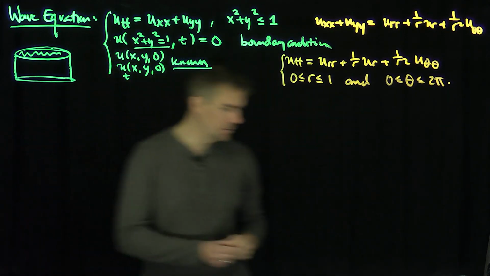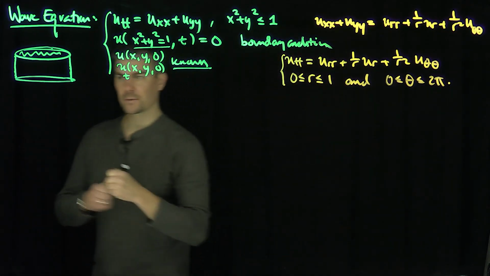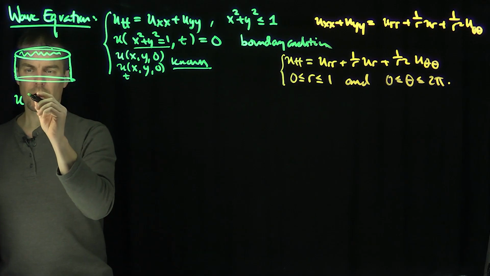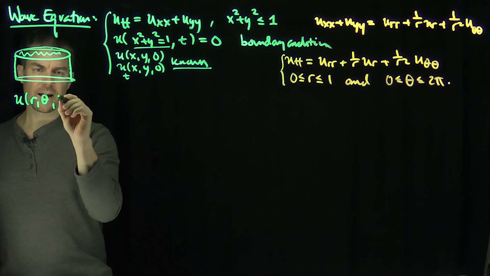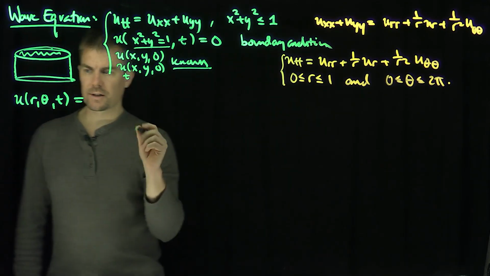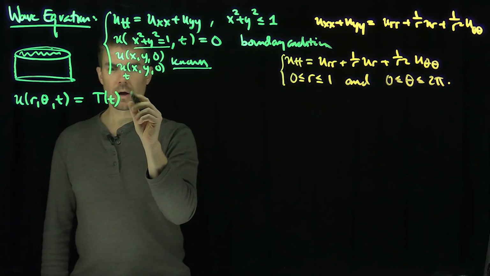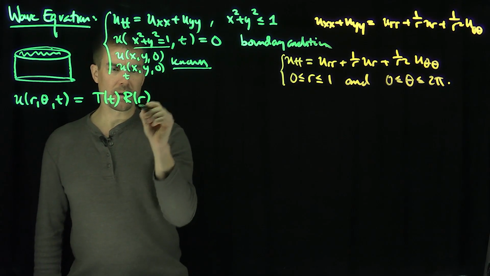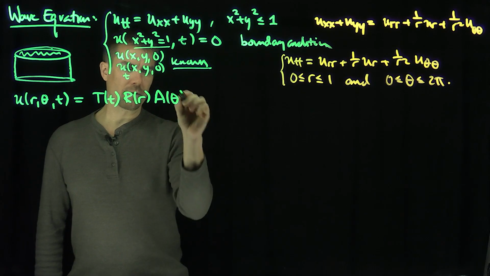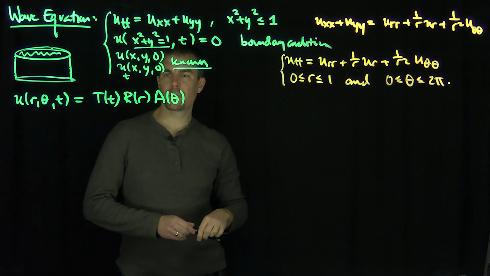Now we're going to separate variables. We assume that u(r, theta, t) is a function T(t) times a function R(r) times a function A(theta).